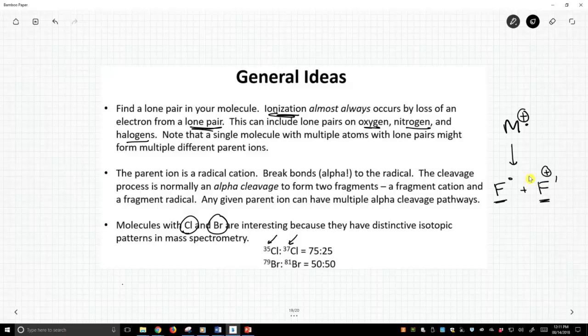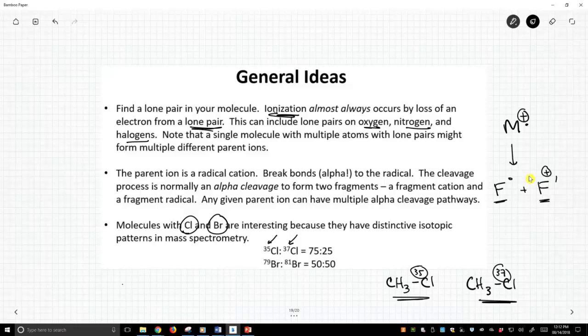So when you detect a molecule that contains chlorine, some of those molecules are going to be chlorine 35, and some of them are going to be chlorine 37. And so in a mass spec, these show up as different species because they have different weights. One has 35 as a contribution from chlorine. The other is 37. There's not an average. We're detecting individual molecules, and those individual molecules have individual masses. And so we will actually give rise to different patterns in our mass spectrum.